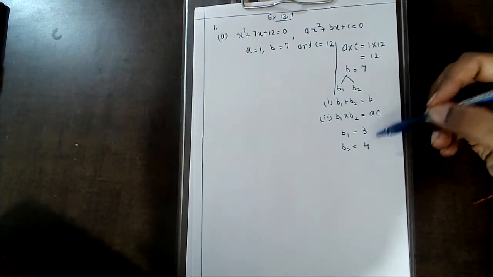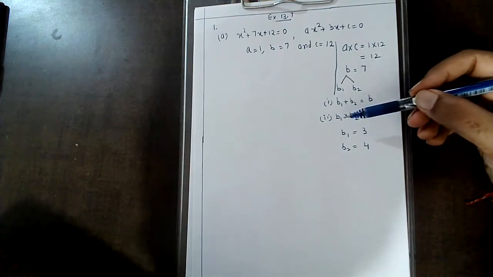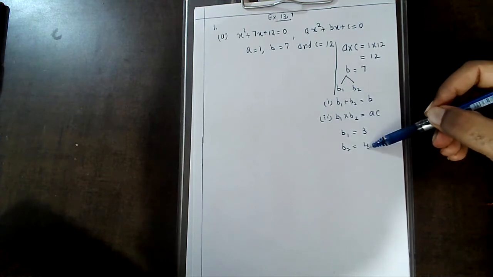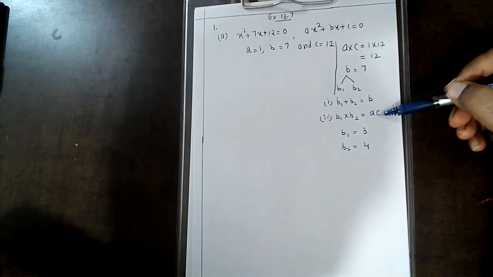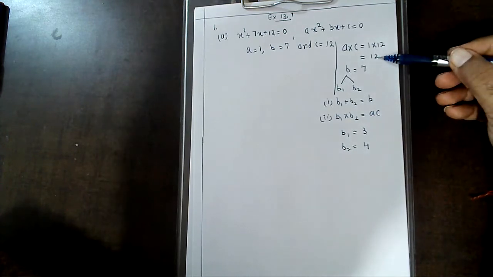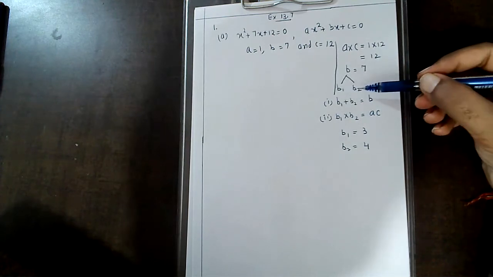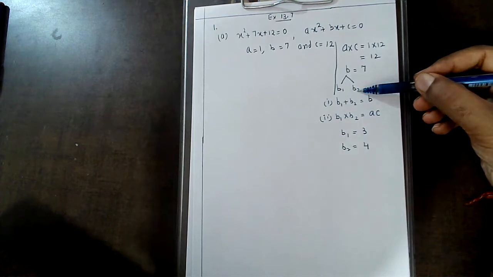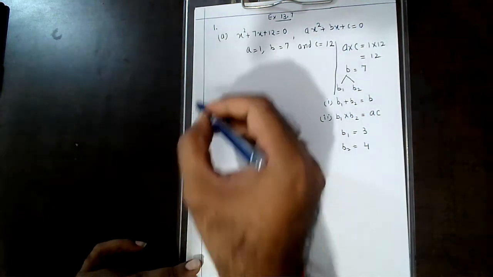So 3 plus 4, 7. Yes, it satisfies. Second condition, we will check b1 into b2, that is 3 into 4, is equal to 12. That is ac, which is our 12. So yes, these two parts of b, that is b1 and b2, satisfy the conditions.